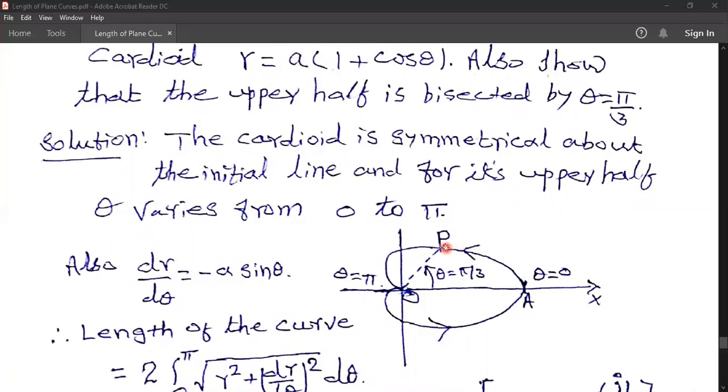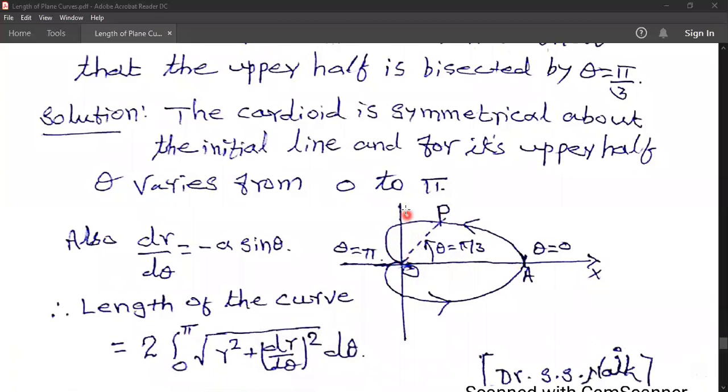This is at theta is equal to pi by 3, and this is at theta is equal to pi. So this becomes the upper half of the curve. Here theta varies from theta is equal to 0 to theta is equal to pi.